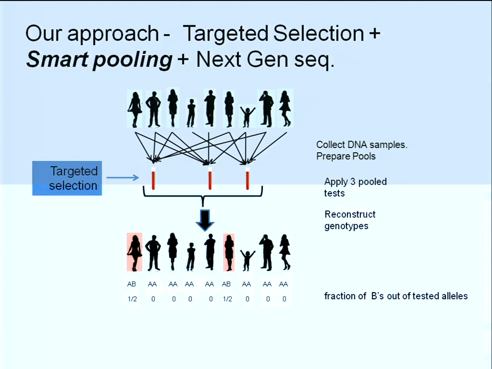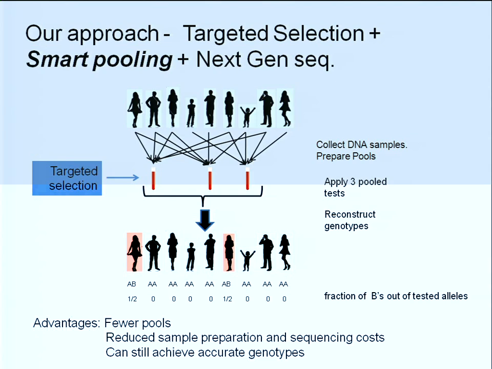That's the sequencing step. Now you have the reads from each pool, and then there's a reconstruction step that takes you from the sequences of each pool back to the individuals and finds the carriers. The number of pools you run is much smaller than the number of individuals. This means that it costs less in sample preparation, and you still get the correct answer. Right? Clear so far?